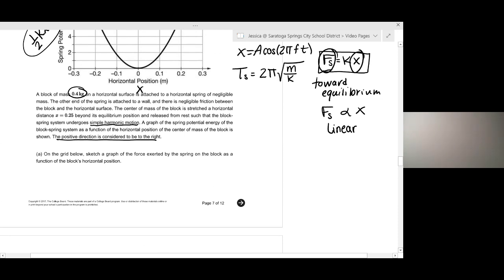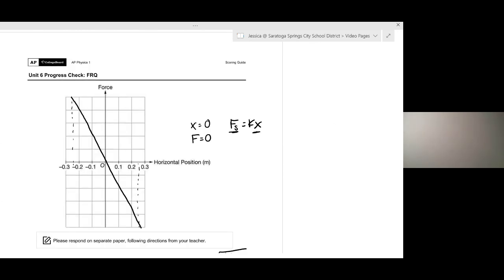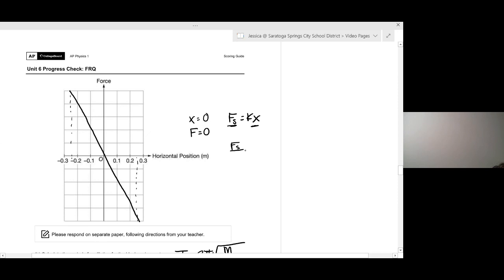But looking through this, it looks like I'm not given the spring constant. Now, if this graph down here actually had numbers, I could use the slope of this graph to find the spring constant, because Fs over x gives me k, just change in y over change in x. But my y-axis doesn't have numbers, so I can't use this graph.